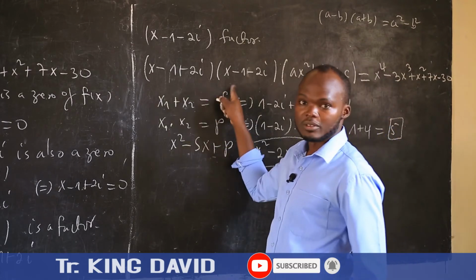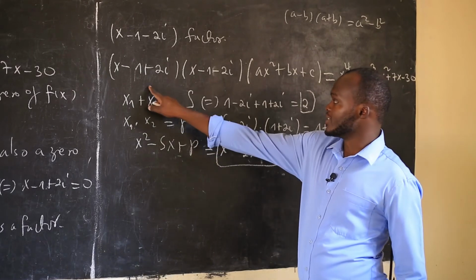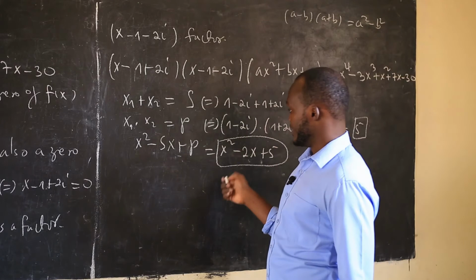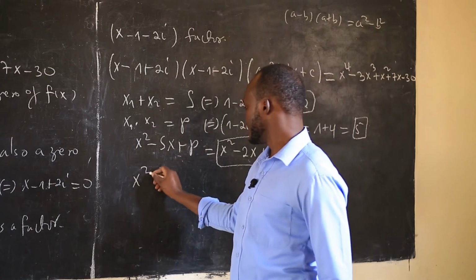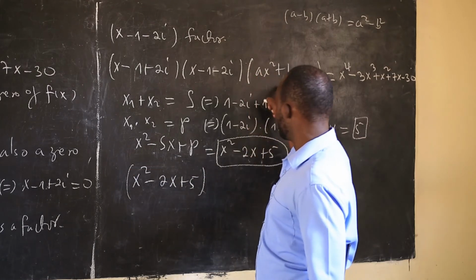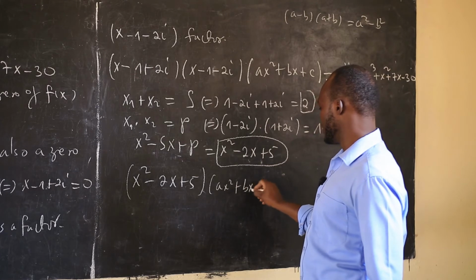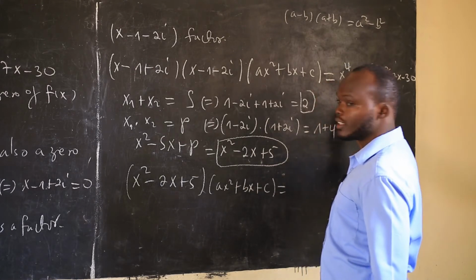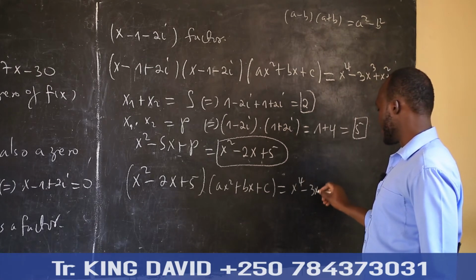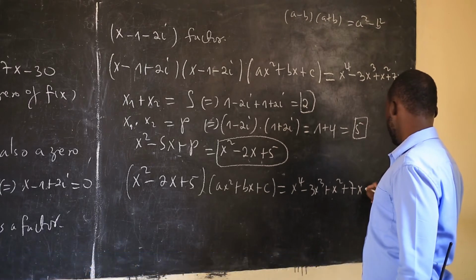So this is the product of this times this, it is this quadratic equation. So x squared minus 2x plus 5 into bracket ax squared plus bx plus c equal to that fourth degree polynomial, which is x power 4 minus 3x power 3 plus x squared plus 7x minus 30.